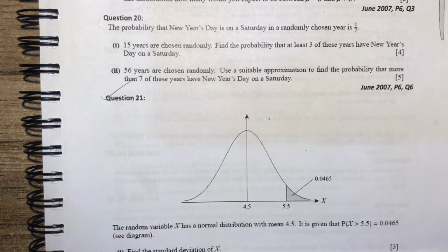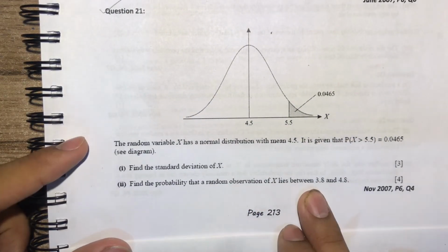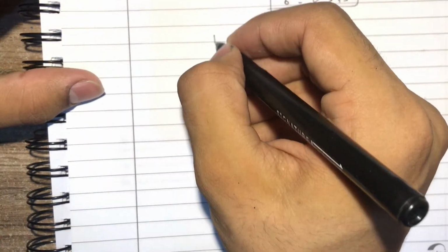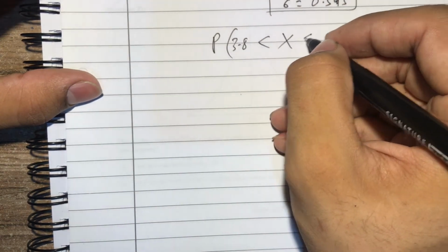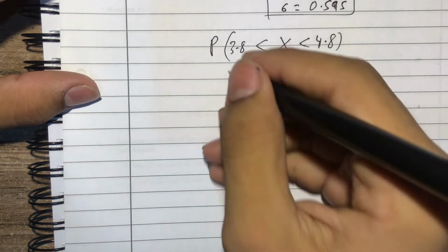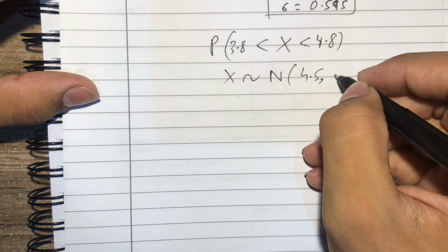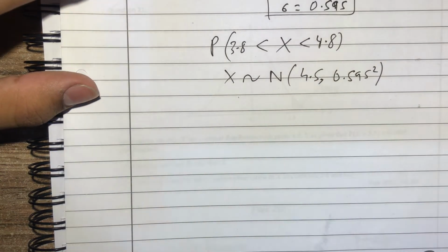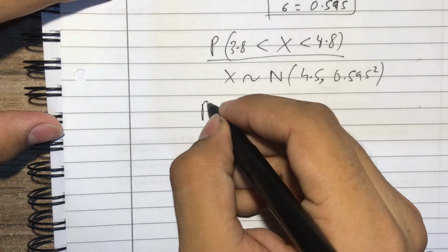Then in the second part, they're saying find the probability that a random observation of x lies between 3.8 and 4.8. So they're saying find the probability that x is greater than 3.8 but less than 4.8 in this normal distribution. The normal distribution was that x follows normal, where 4.5 is the mean and 0.595 squared is the variance. So this is a non-standard normal distribution. I'll convert it to standard form.